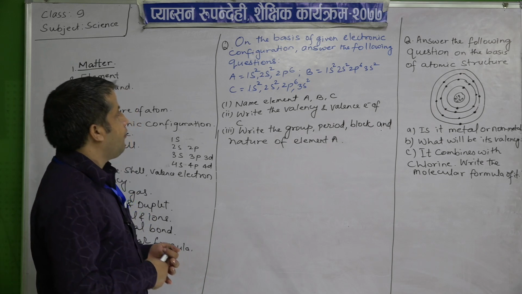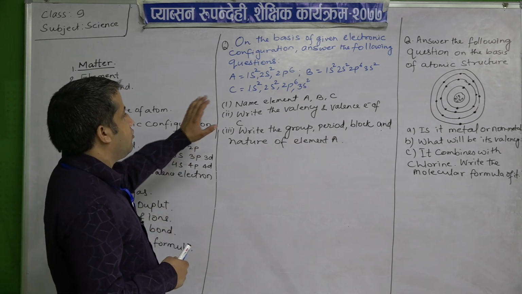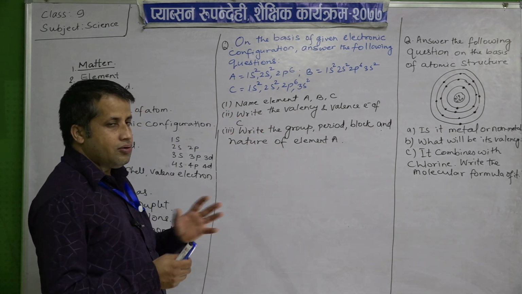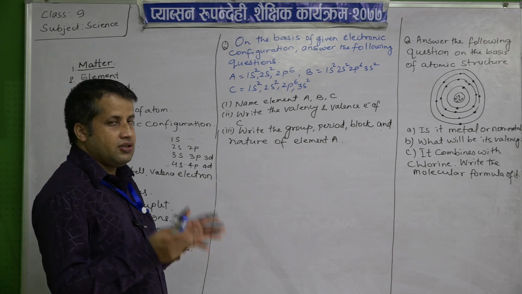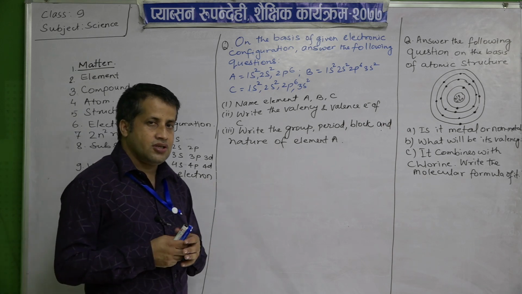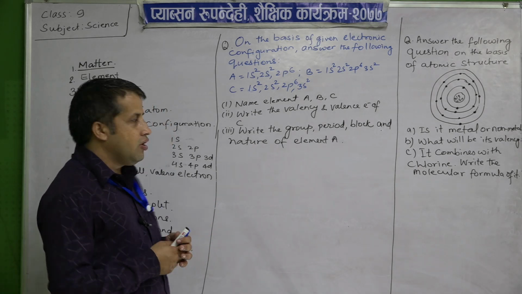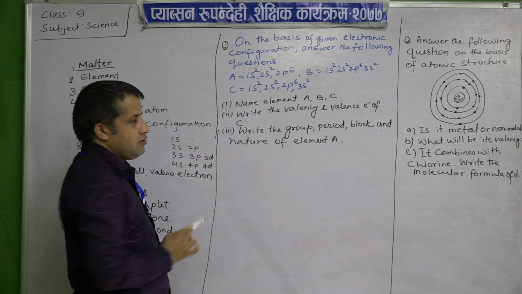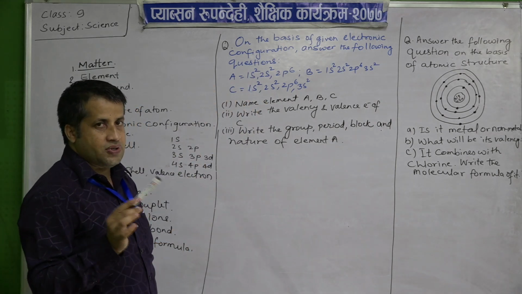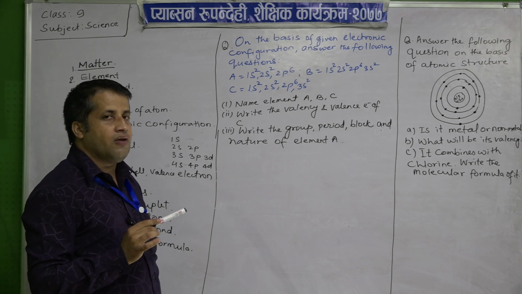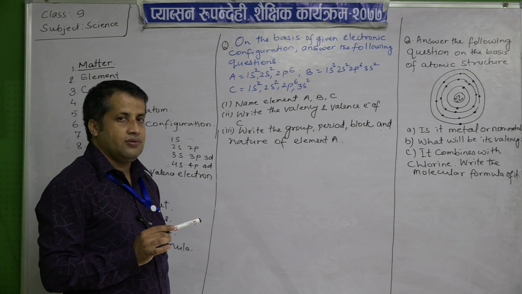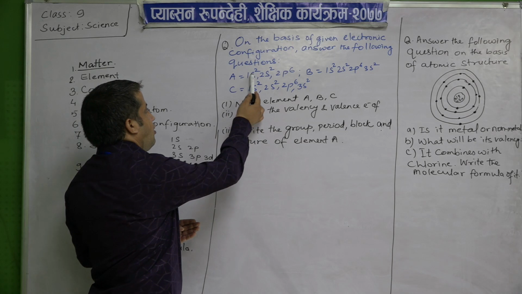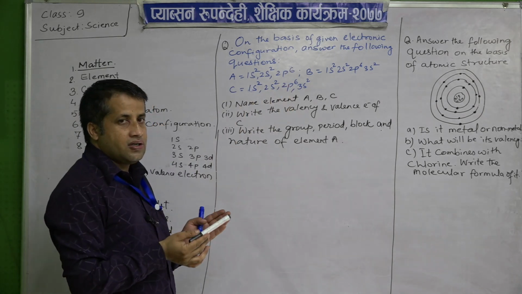To solve this question you should know how electronic configuration is written in subshells. In 1s2, the power, the superscript written there, indicates the number of electrons in that particular subshell, and the total number of electrons is calculated by counting their sum.